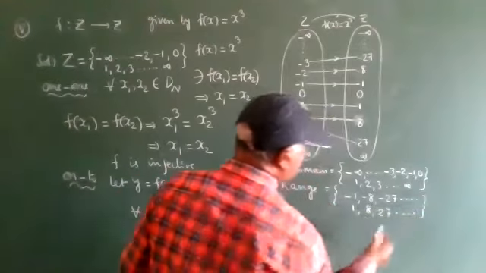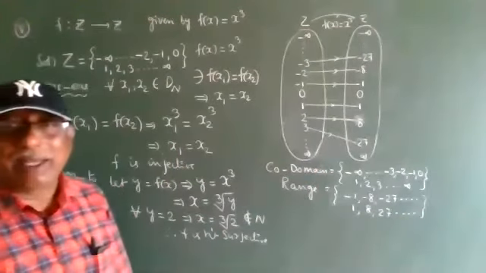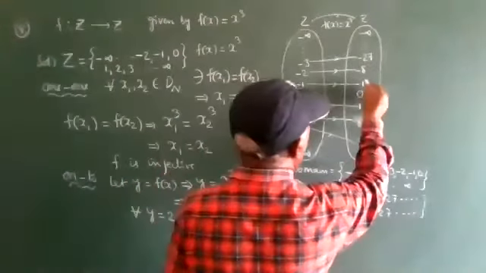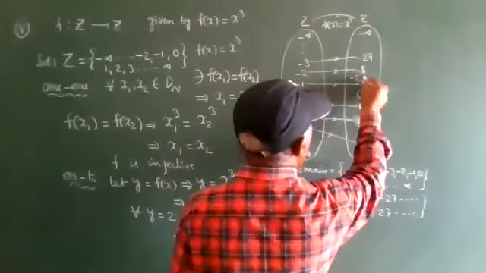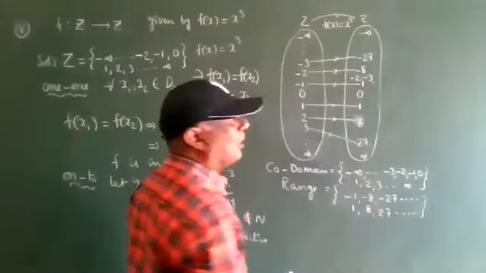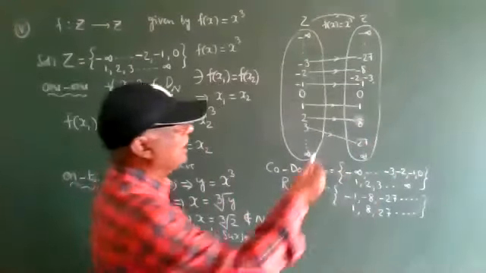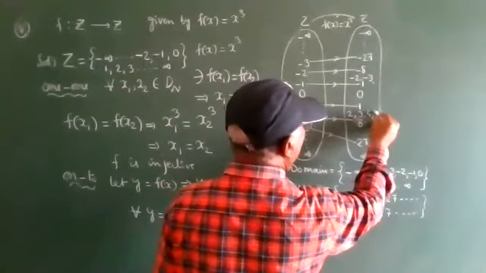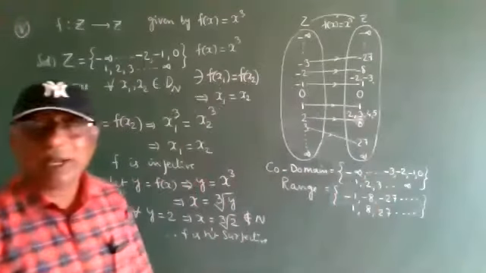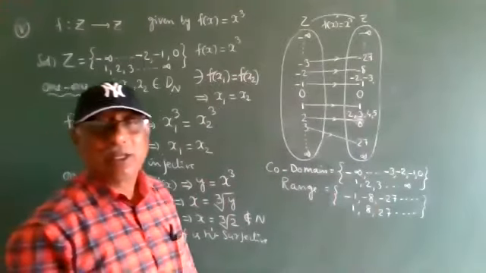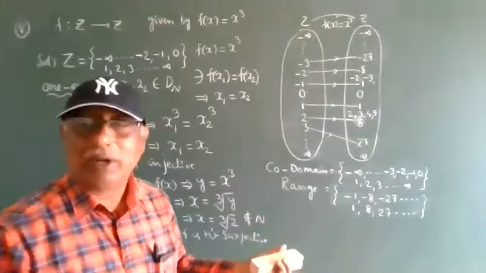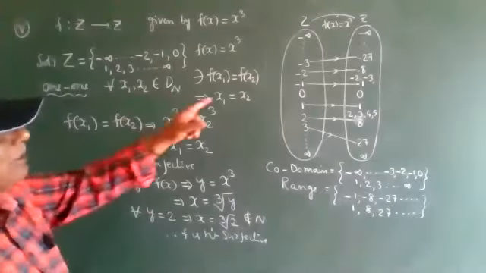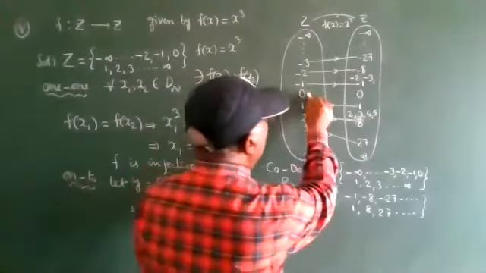Only cubic numbers are obtained, and the rest have no relation: -2, -3, -4, 2, 3, 4, 5, 6, 7 have no relation, 8 has the relation. So codomain and range are not equal, so it is not surjective. Very simple. But it is one element, one image: 0 maps to 0.